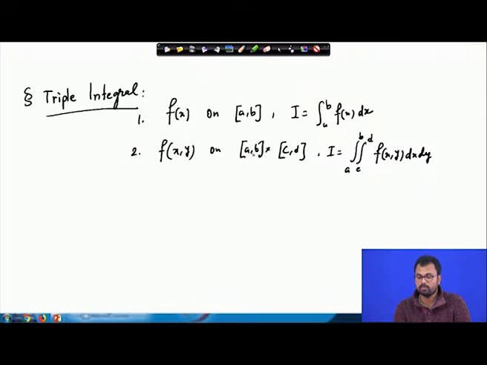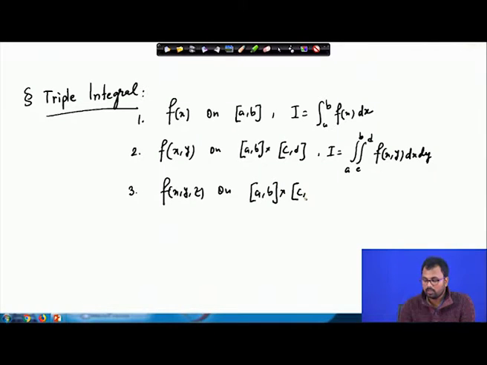So instead of this rectangle we can also have a region which is in 2D setting, but instead of 2D setting we can also have a 3D setting. So suppose we have a function f(x,y,z) defined on a rectangular parallelepiped a to b, c to d and e to f. So that means now we have a rectangular parallelepiped. Here in this case also we can talk about a triple integral.